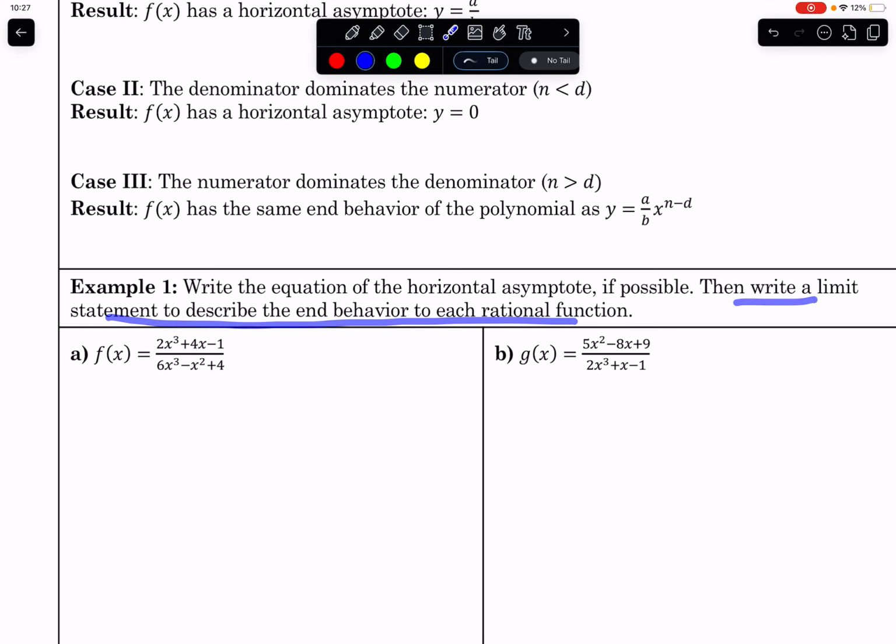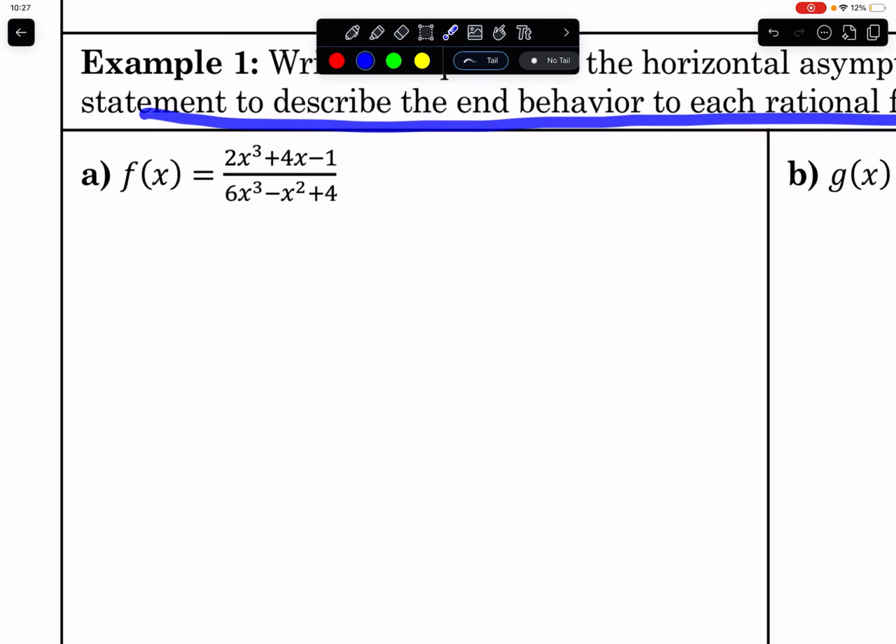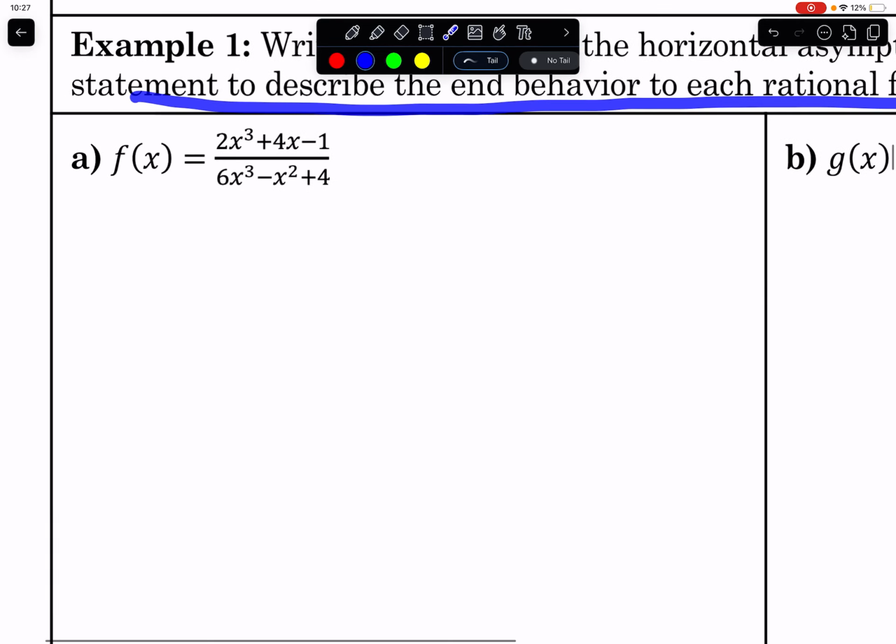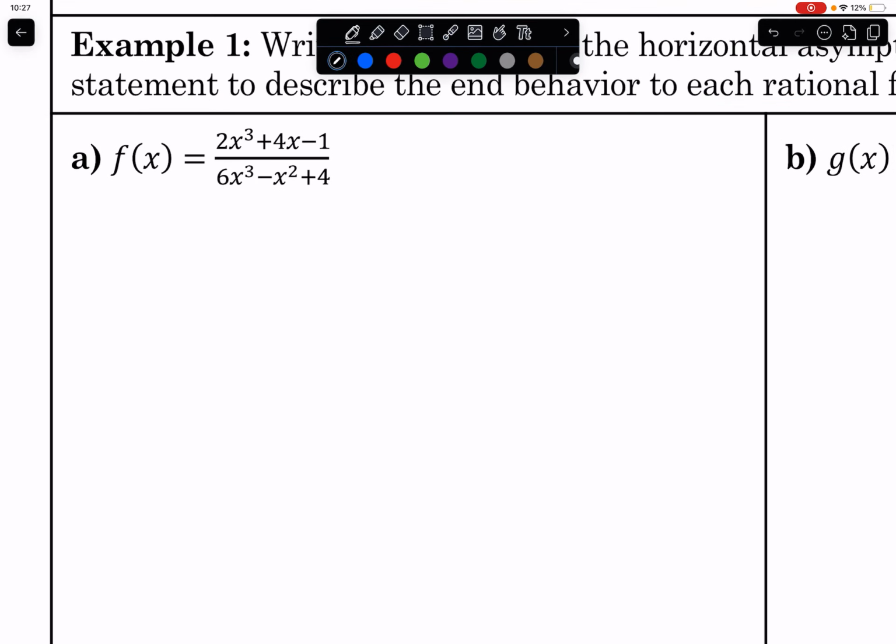So on example 1a, this is an example of this case 1. Our leading terms are 2x to the third and 6x to the third. And it's not because they're in the front, but because the exponent is the biggest.